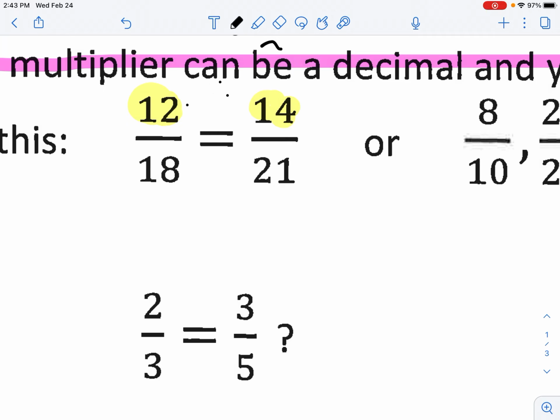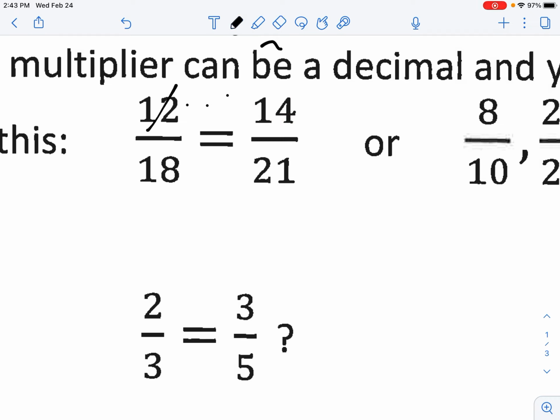So if I multiply 12 times 1.16 repeating, I get 14. Now, what is 18 times 1.16 repeating? 18 times that, that's 21. Now, you can also do reducing to lowest terms. Remember the other method that I taught you, which might be easier on this one.